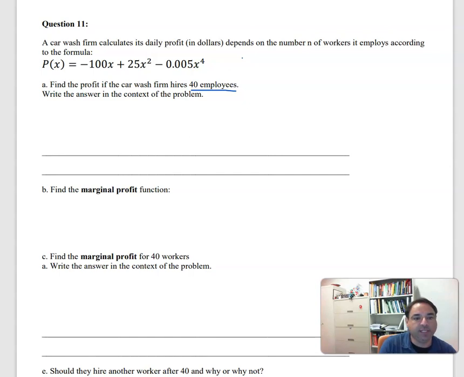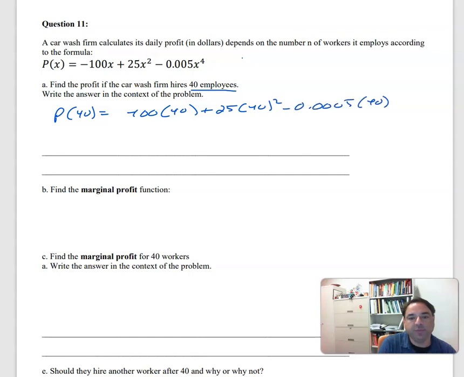So that is just plugging 40 into our profit. That would be negative 100 times 40 plus 25 times 40 squared minus 0.005 times 40 to the fourth. Okay, now we're going to go to the calculator. We're going to put that in our y1.